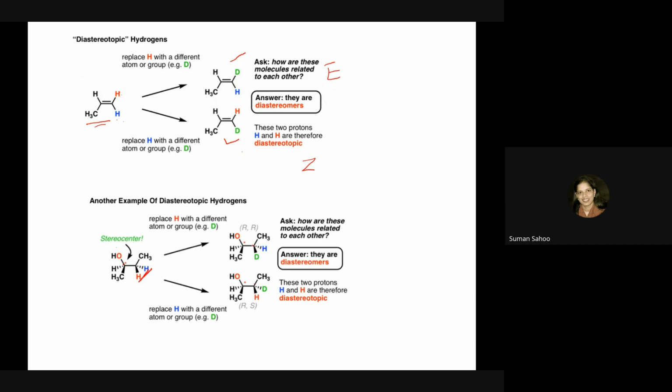You cannot say these two are enantiomers, because this stereocenter is fixed; one gives RR and the other gives RS. So these two are also diastereomers, and the relationship between these two hydrogens is diastereotopic.